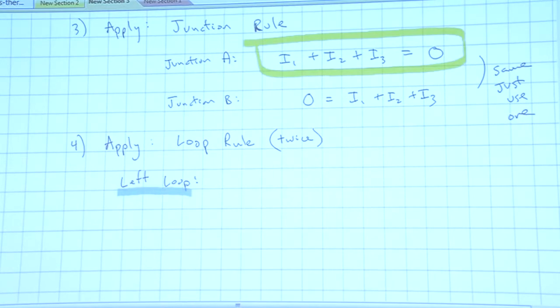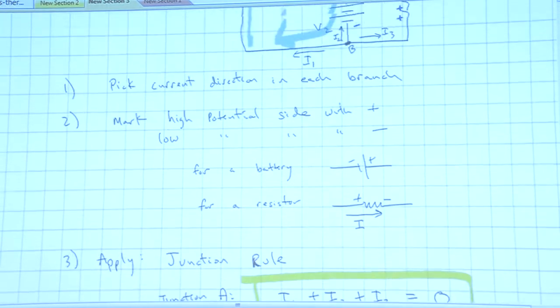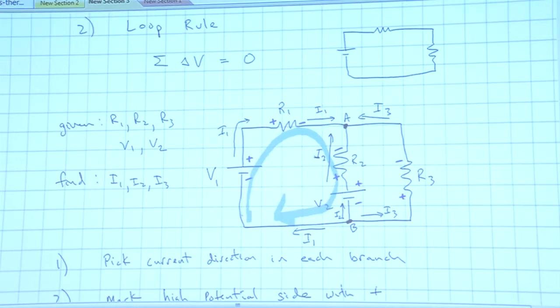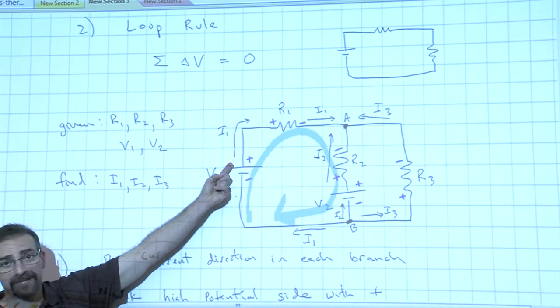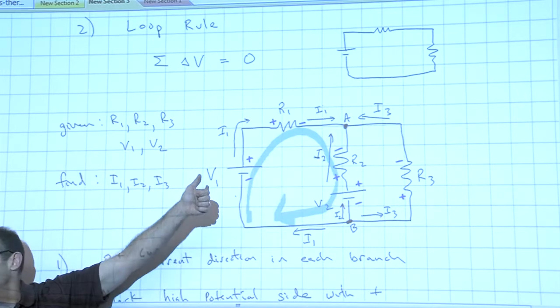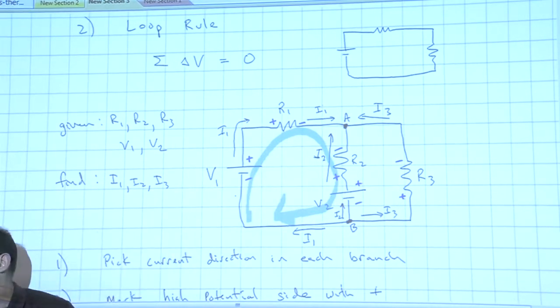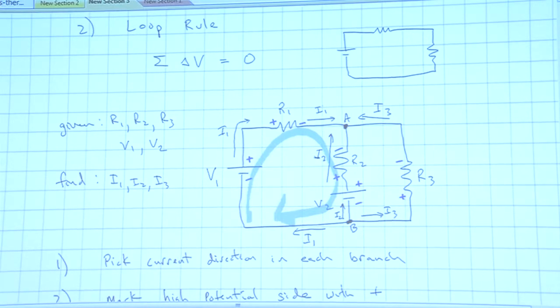So now we're going to write the sum of all the potential rises and drops has to be 0. So what's the first thing I do if I'm starting in this lower left corner and I start going around the circuit? The first thing that happens is I get to the battery. And I go in the low side and come out the high side, so I have risen by the voltage of the battery. So I've gone up by V1.